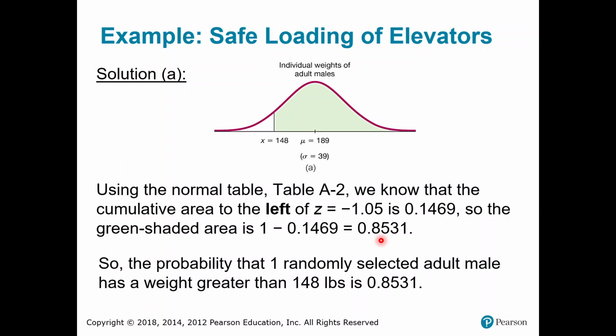And so the probability that one adult male has a weight greater than 148 pounds is 0.8531.